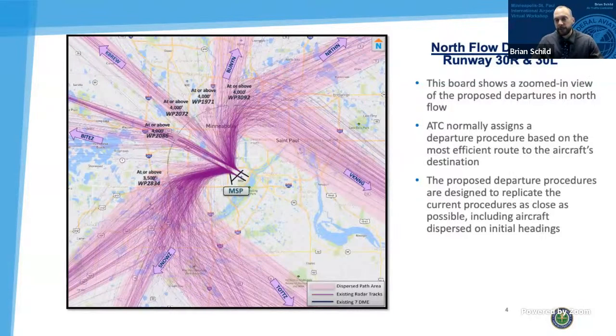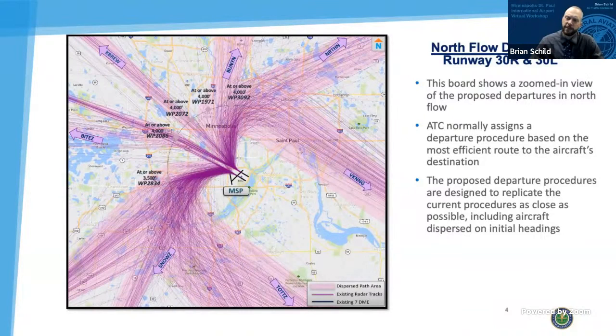The trouble with that direction is there's not a lot of it. There are a lot of densely populated neighborhoods in that direction. So you'll see that we kept the same dispersion as we have currently in our new procedures, with multiple different headings to spread it out as much as we can over that area when we have to be that direction.